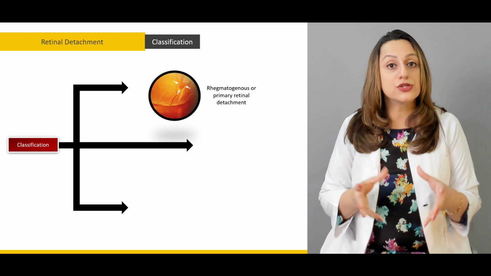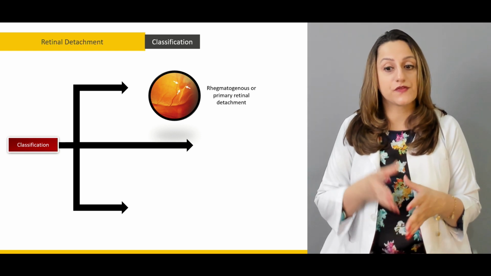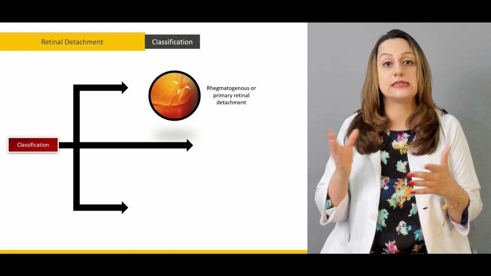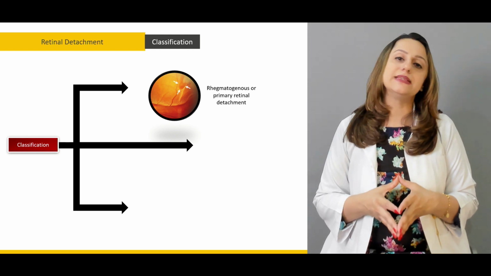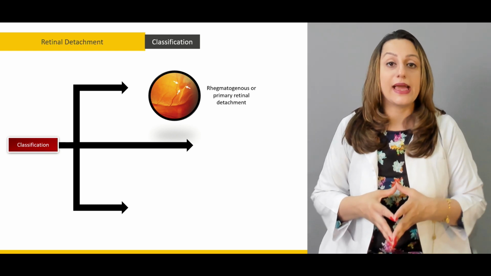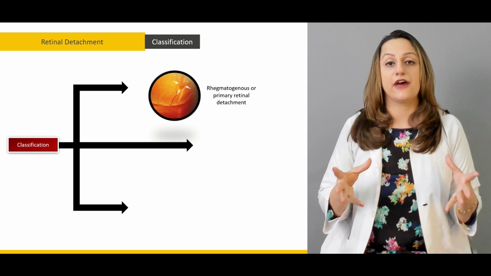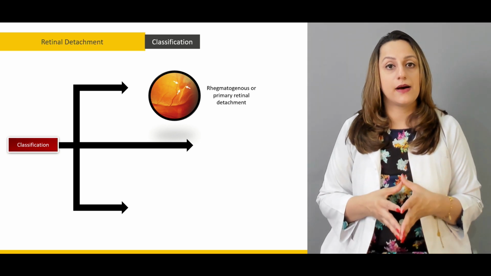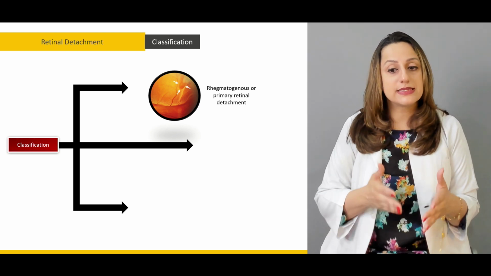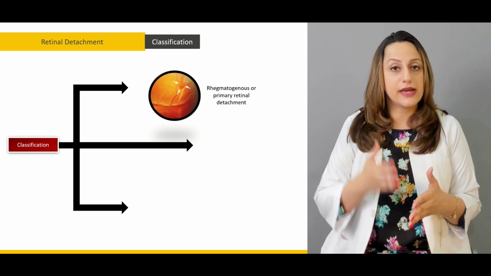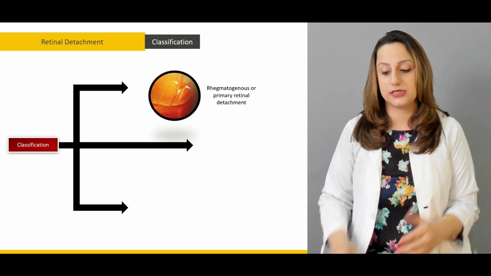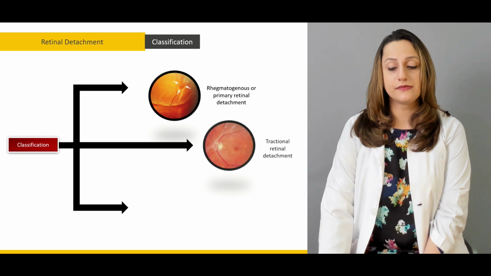They are quite notorious for the development of this kind of primary retinal detachment. We have the snail track degenerations, retinal tears, and macular holes. All of these conditions can relate to rhegmatogenous or primary retinal detachments.